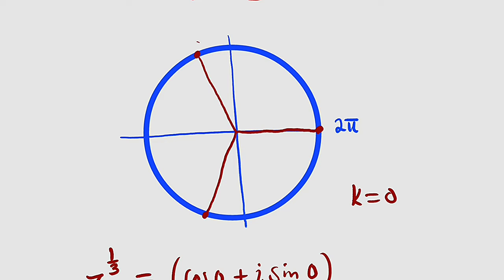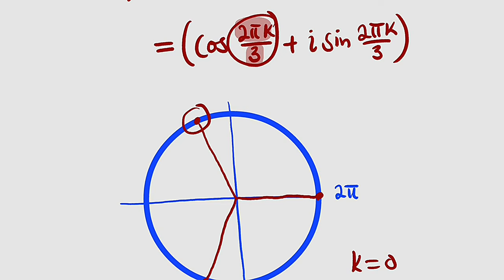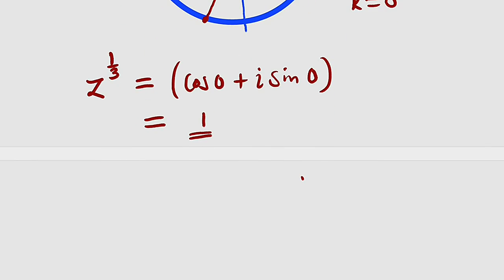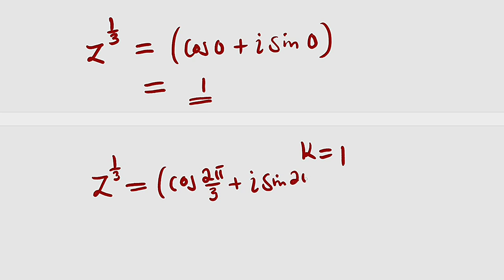If you want to get to this point, you set k equal to 1. So if k is equal to 1, our cube root of 1 is equal to cosine of 2 pi divided by 3 plus i sine of 2 pi divided by 3.